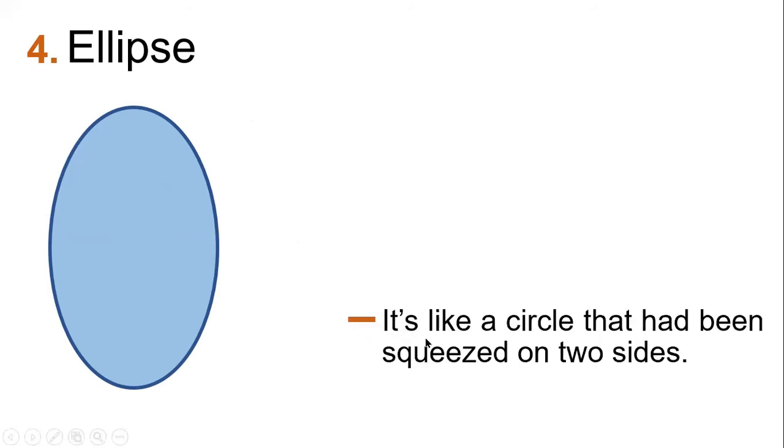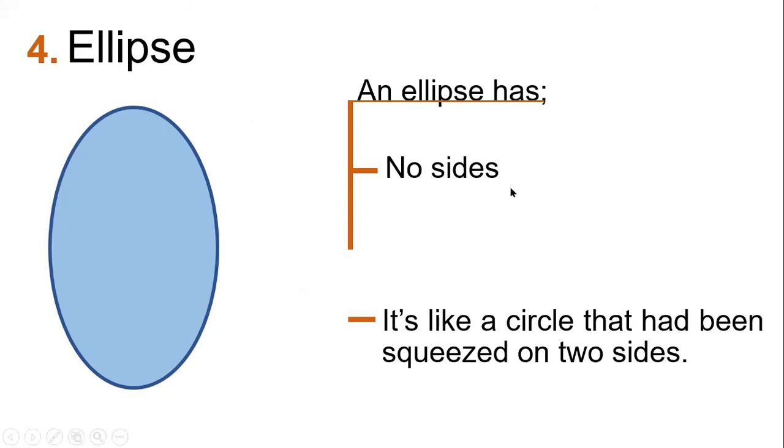An ellipse is like a circle that had been squeezed on two sides. So it's like you get a circle, you squeeze it, and once you squeeze it, you will get an ellipse. Okay? So also an ellipse has no sides and it has no corners.